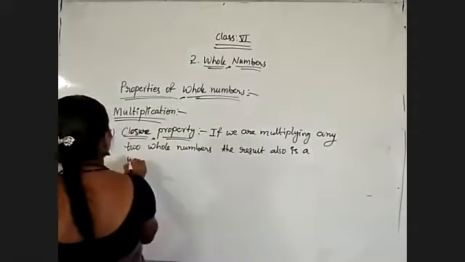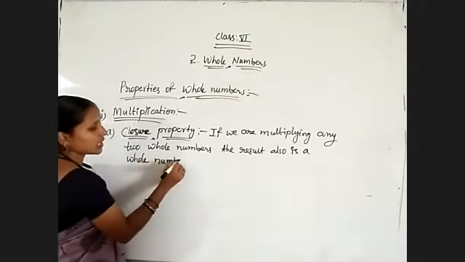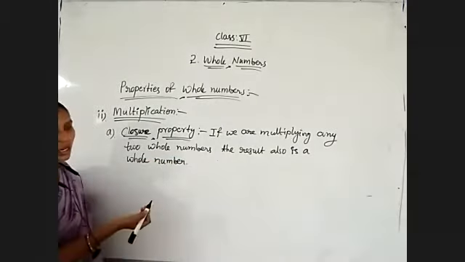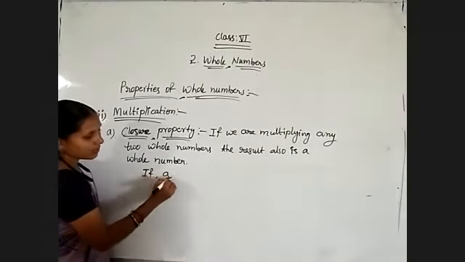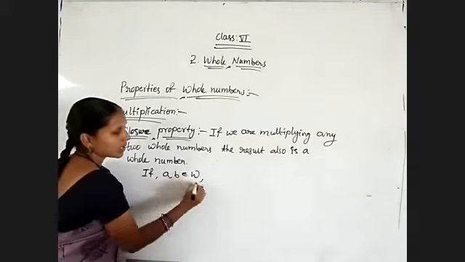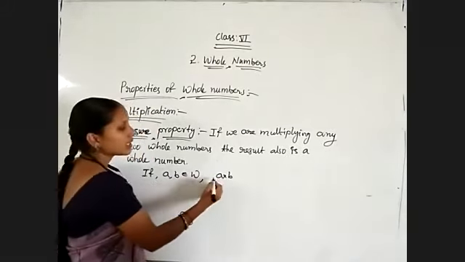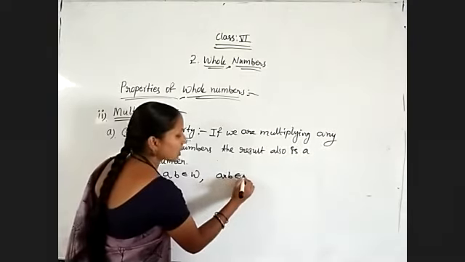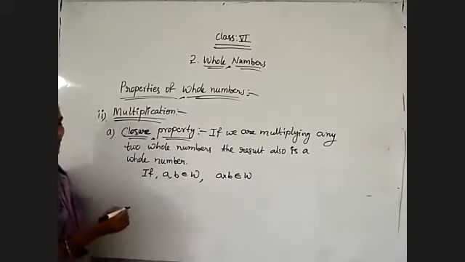In this property, we are just checking whether the result belongs to whole numbers or not. That's all. In other words, if a, b belong to whole numbers, then a into b, simply ab, also belongs to whole numbers.